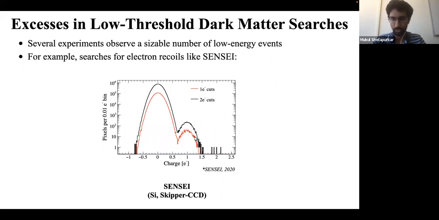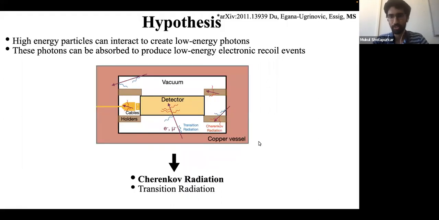But several of the experiments that I showed already in the last slide have been observing these low threshold, low energy excesses. Our hypothesis to explain this, which we put out in the paper in 2020, was that high energy particles, like for example cosmic muons, or even high energy electrons that can be ejected by photoabsorption of X-rays or gamma rays that can be absorbed in the detector, cross the detector, or even the material that is surrounding the detector.